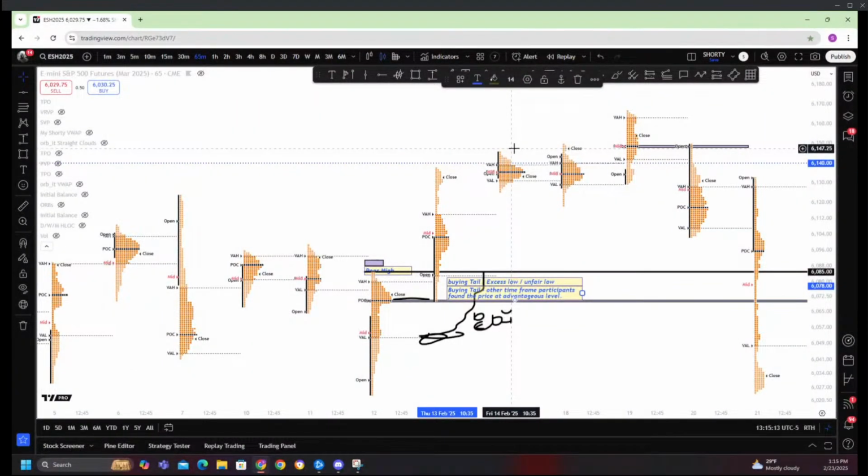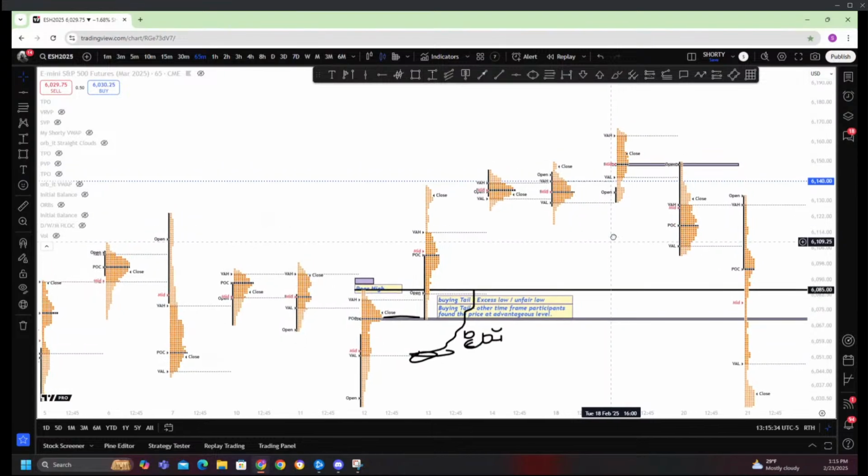Okay, let me explain. What I'm saying is that this profile and this profile had the same setup, just reverse, just opposite. If you pay attention to this day and this day, and then this day and this day, you'll see that here they tried to get back inside the value and they rejected it higher. They closed at the highs. Here they closed here, then they opened and rejected.